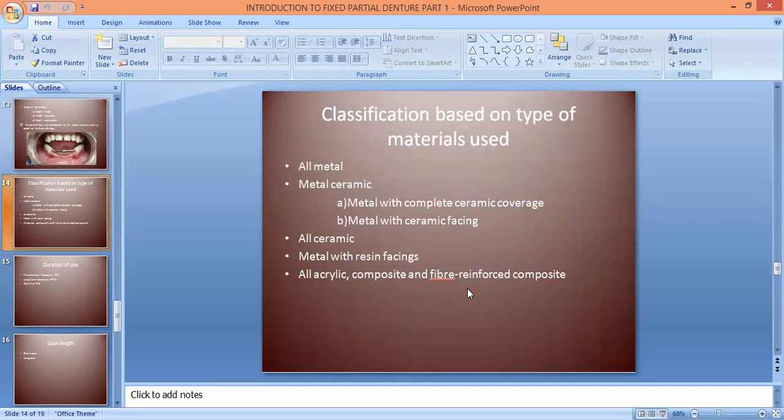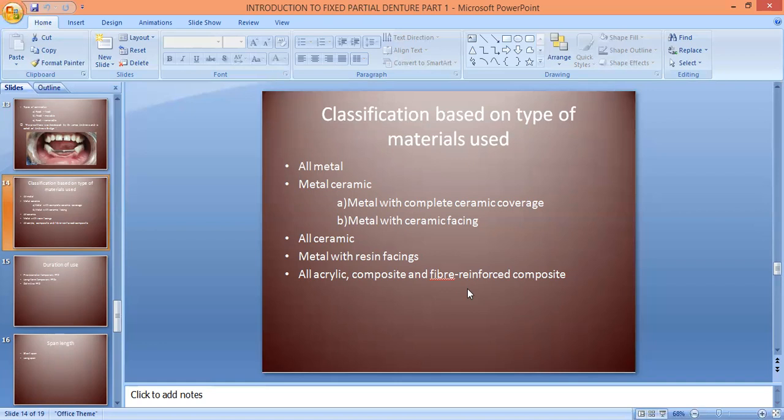Now, classification based on the type of material used. You have all metal, metal ceramic, wherein you have metal with complete ceramic coverage and metal with ceramic facing. Then you have all ceramic, then metal with resin facing, then all acrylic, composite and fiber reinforced composite. Here, all metal is the full metal crown that you advise in the posteriors.